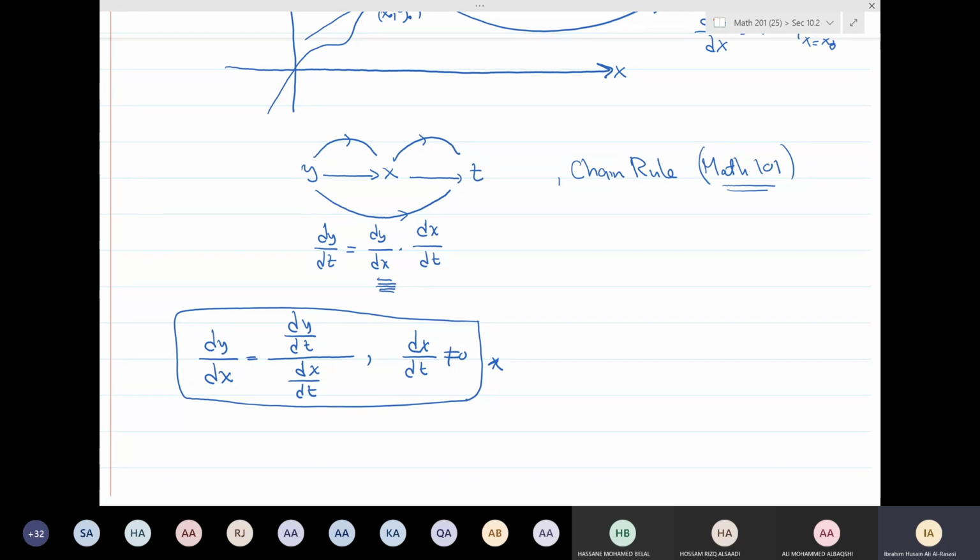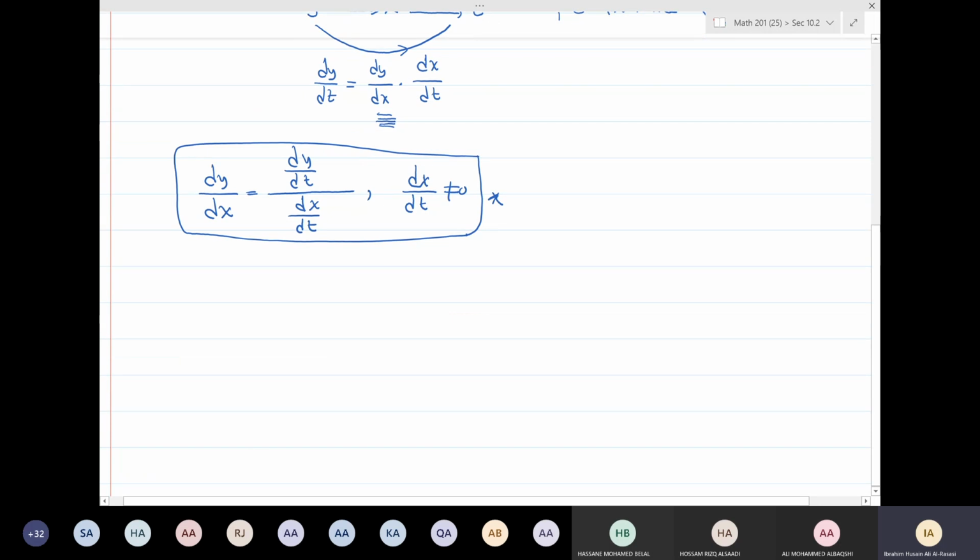Let me give you an example. You have a parametric curve, x equals t cubed minus 3t, and y equals t squared minus 3.